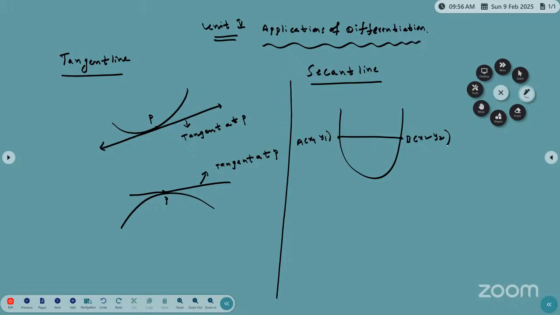What is the next important definition? I'm expecting the definition from you. If I say it, obviously it's nothing great, but if you say it, that will be great. See the line.